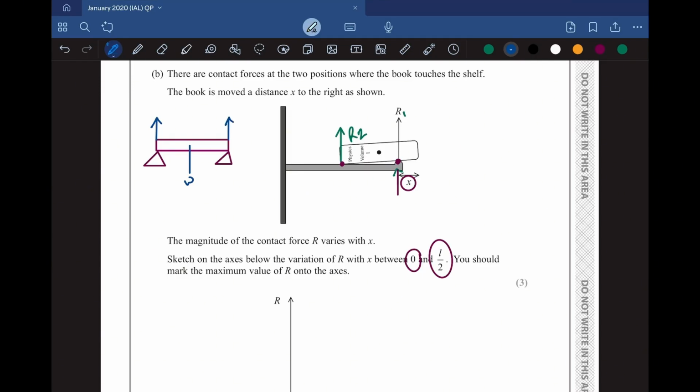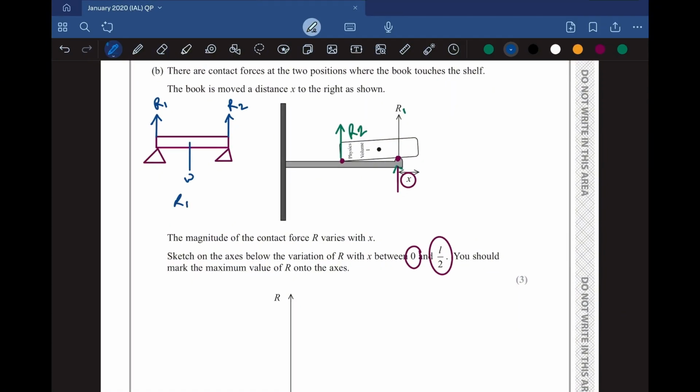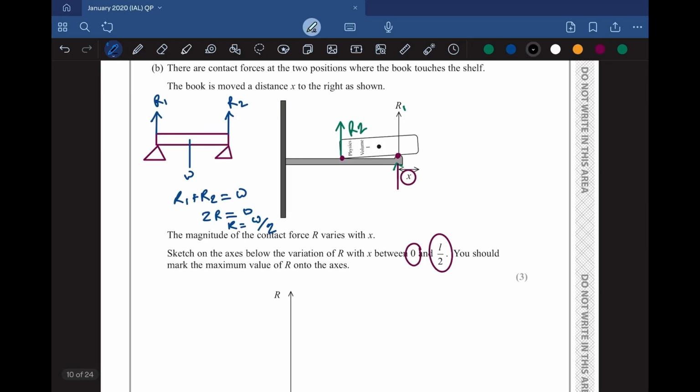So we can say that R1 plus R2 is equal to our weight, right? The two upward forces are balancing out the downward weight force. So as both of them are equal, we can say 2R is equal to weight, and R is equal to weight divided by 2. So it was right here like this, and this was the length of the seesaw.